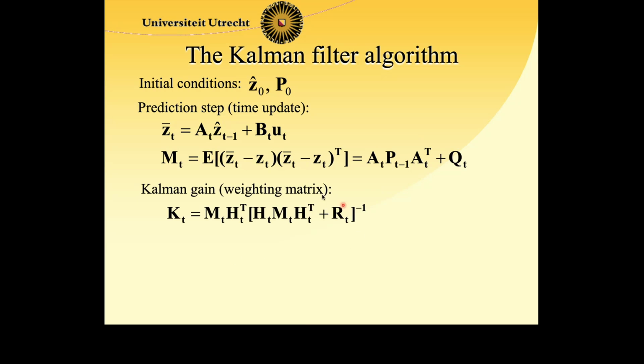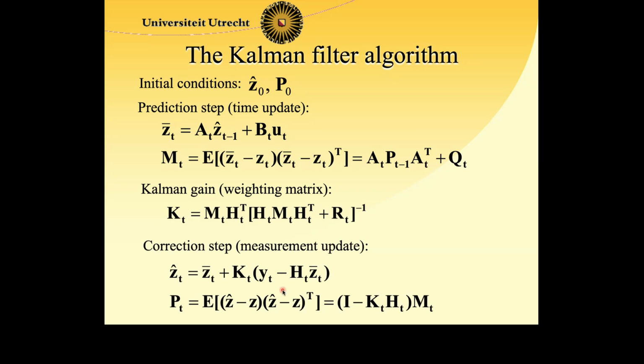Then we can compute the Kalman gain, which is a weighting matrix. Once we have the weighting matrix, and we have an observation Y, we have an update of the state by applying this updating equation, and we also get an updated covariance matrix of the measurement update error, as you can see here.